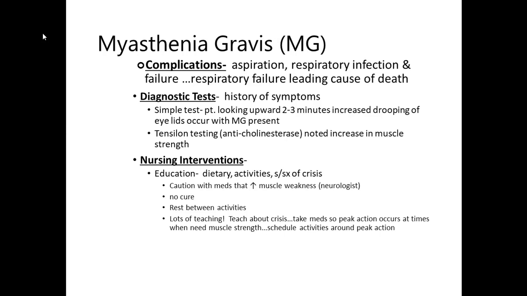Complications we'll see are aspiration because they're having problems with chewing and swallowing, and respiratory infection because they're not able to expand their lungs like they did before they were diagnosed with myasthenia gravis. And eventually respiratory failure will happen. It is the leading cause of death for the myasthenia gravis population.